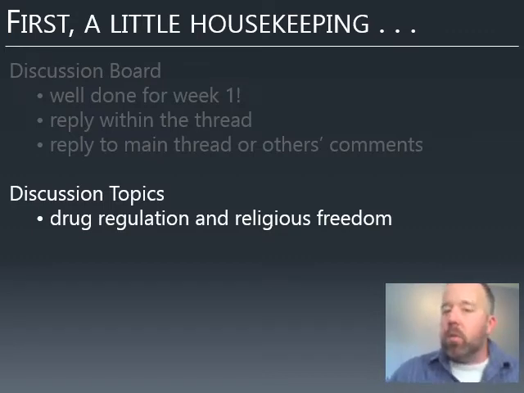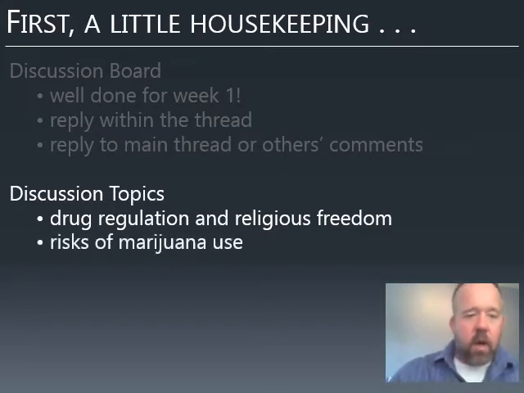Again, there is no correct answer. Which is more important? Keeping up with cultural practices, even if they extend to drug use, or applying the same drug regulations to everyone? So, open question.